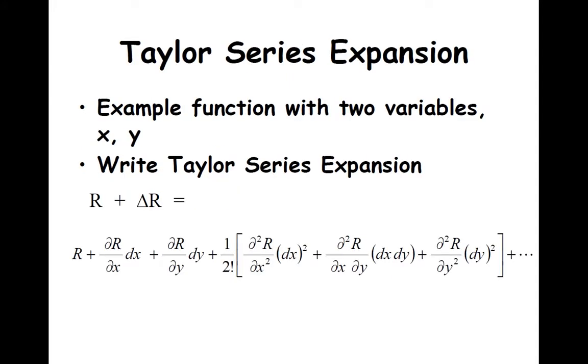The approach to calculate the two errors is similar. Both use Taylor series expansion. To obtain a calculated value R by two measured values x and y, delta R is its error. And the function for the two variables x and y can be written with Taylor series expansion as R plus delta R equals R plus partial R over partial x times dx plus partial R over partial y times dy plus the higher order terms.